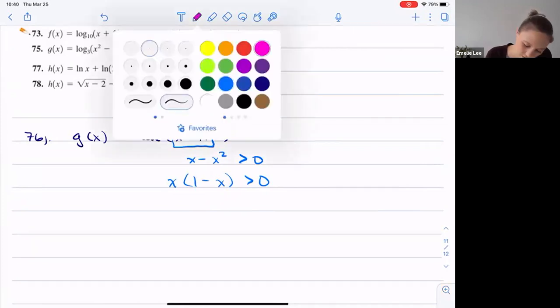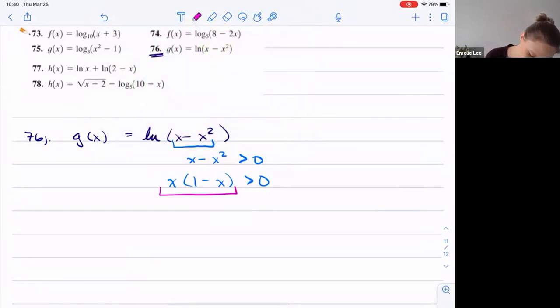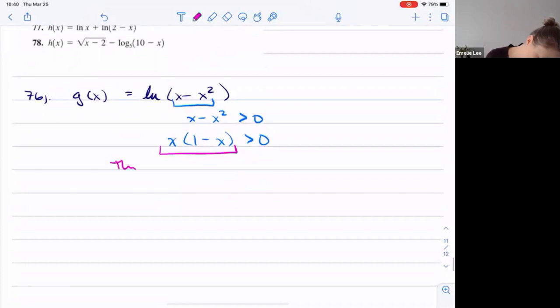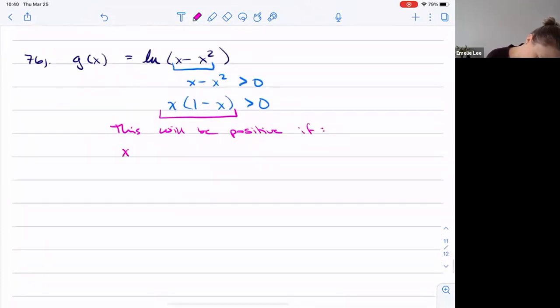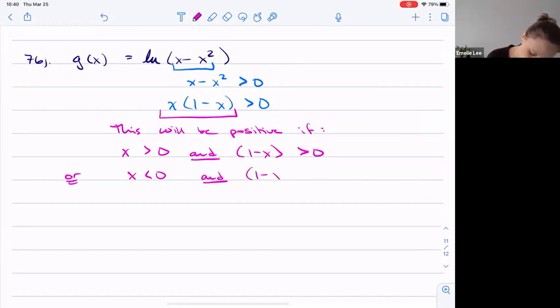So here, what I want you to notice is that this will be positive if x is greater than 0 and 1 minus x is greater than 0, or if x is less than 0 and 1 minus x is less than 0, right? Inequalities are kind of tricky that way.